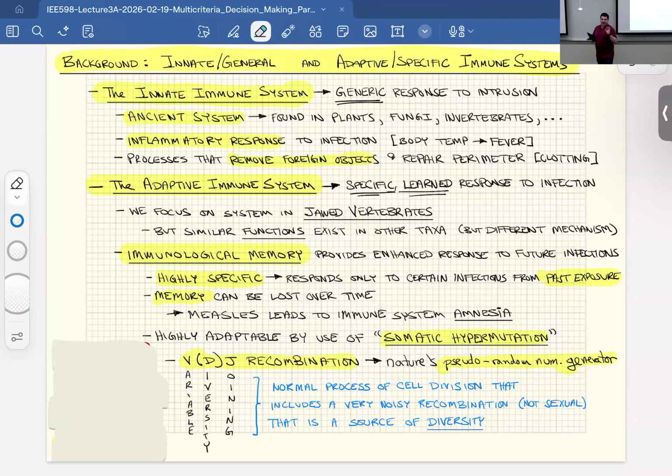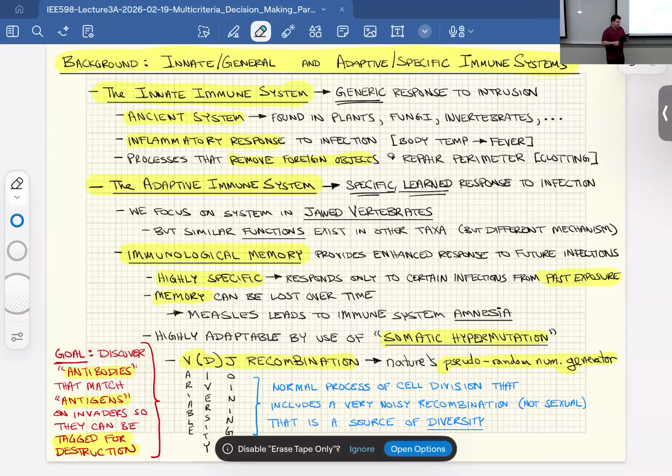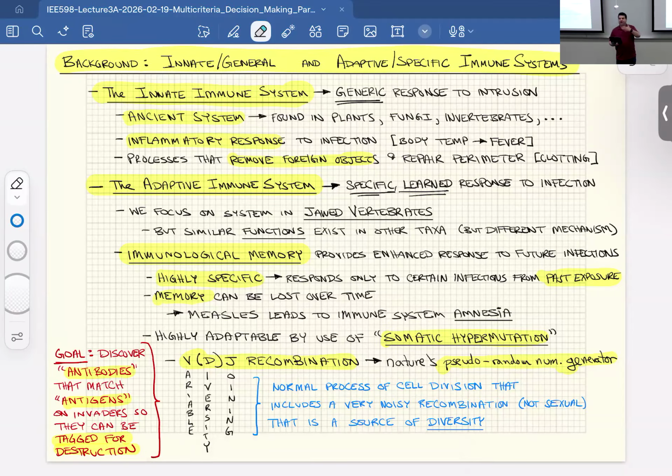So when nature creates new, I'll call them B cells in a second here, new antibodies, it has to create these antibodies that are variable. And these variations allow it to match things it's never seen before. And so it just needs to have this hypermutation. So that's what we call this, somatic hypermutation.